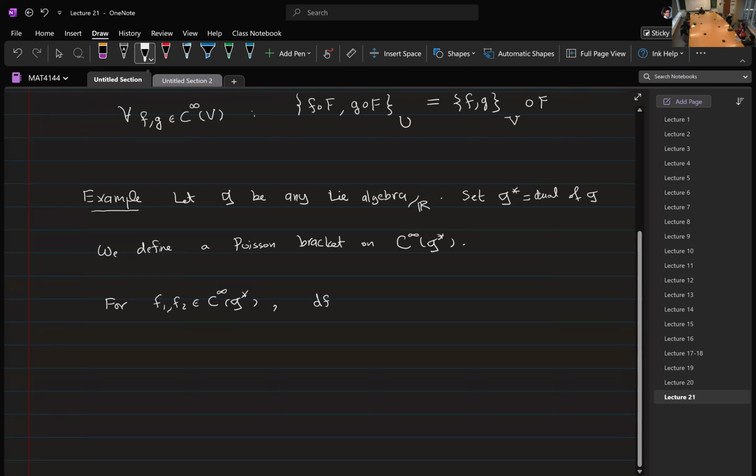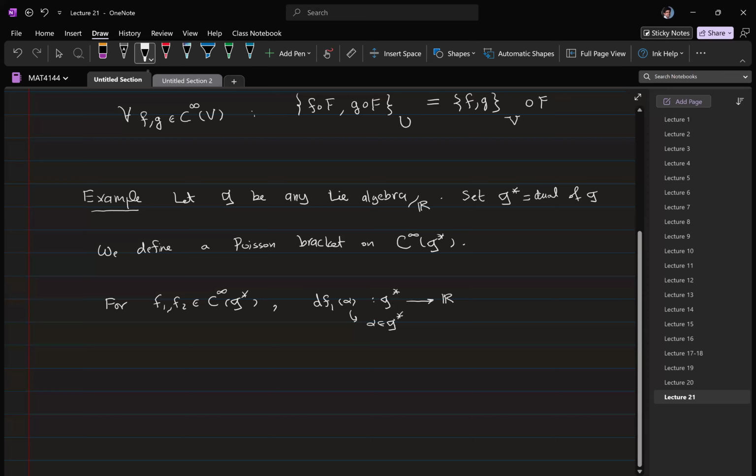So this df1, say, at any point. Where are the points coming from? The points are coming from the domain, which means in G star. So alpha will be in G star. So this df1 alpha, well, we should think about it as a linear map from G star to R.